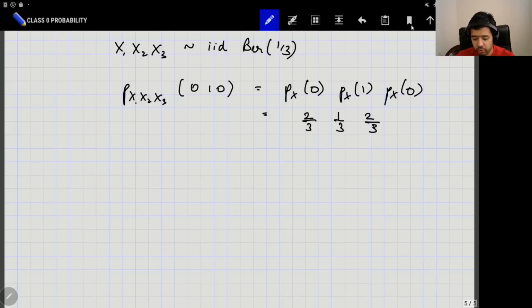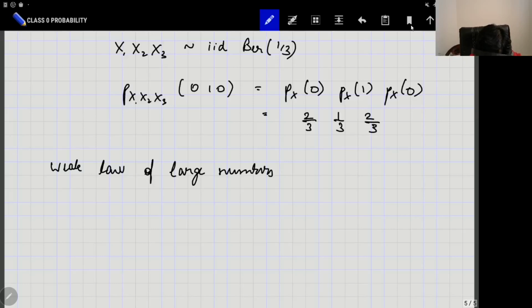And this is formalized by the weak law of large numbers.